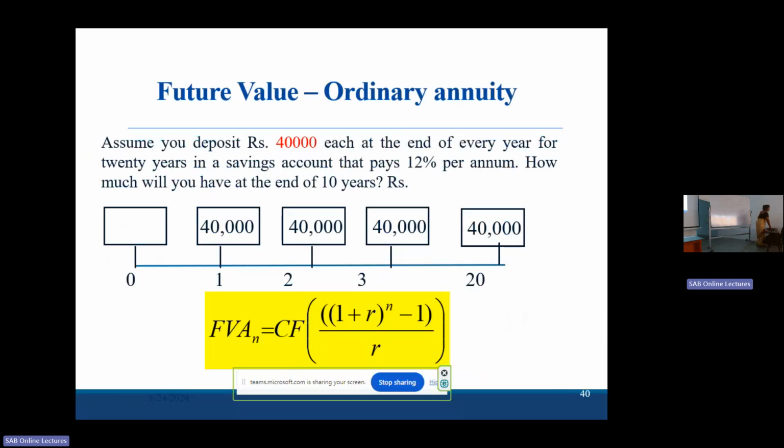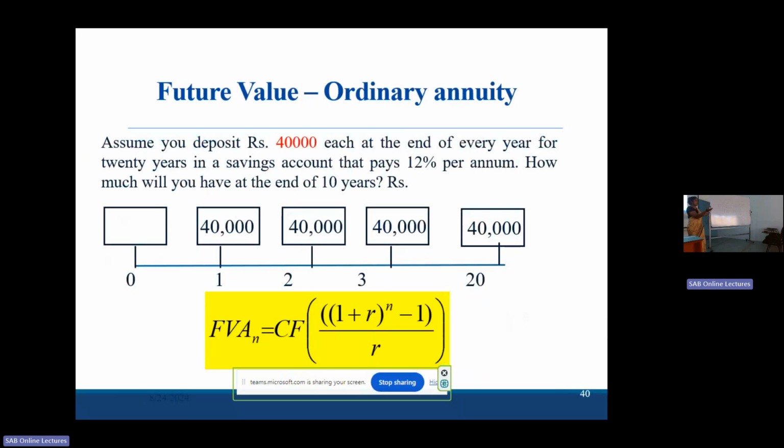Now here you deposit 40,000. Your cash flow is 40,000. You deposit 40,000 for 20 years. But you need to value this at the end of 10 years.